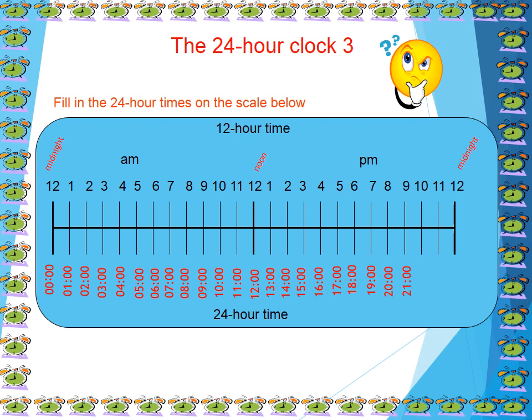Now who will tell me how much 10 will be in 24-hour time? 10 p.m. equals 22. Excellent. 11 p.m. equals how much? We add 12, right? So 11 plus 12 equals 23. Now we reach 12 midnight. Again we go to 0.